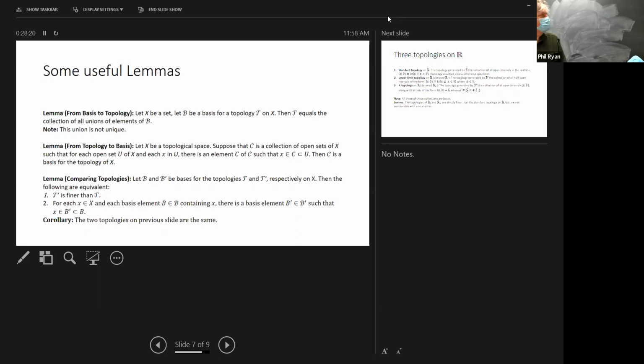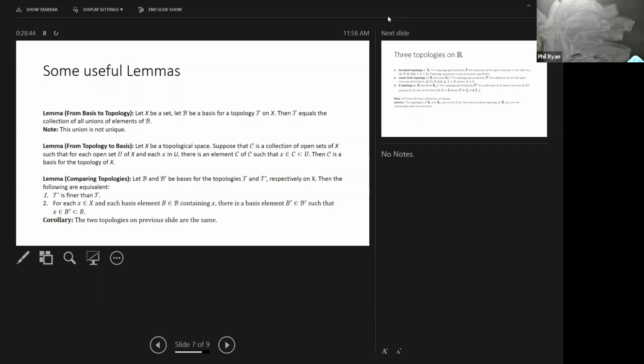Okay, so for example, the one before we saw with R2 with the circular regions. Open sets are then any arbitrary union of little circles, or any arbitrary collection of rectangles.